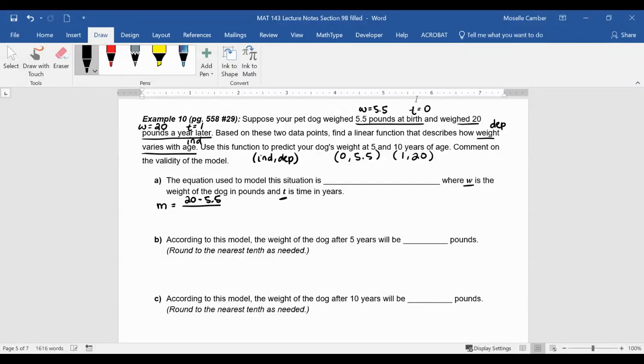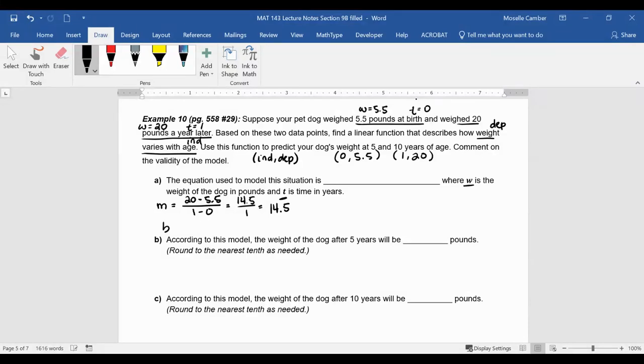And divide by how far we've gone left or how far we've gone right. So again, we take the second one minus the first one. So my slope would be 14.5. So we're saying that our weight is increasing by 14.5 pounds per year.